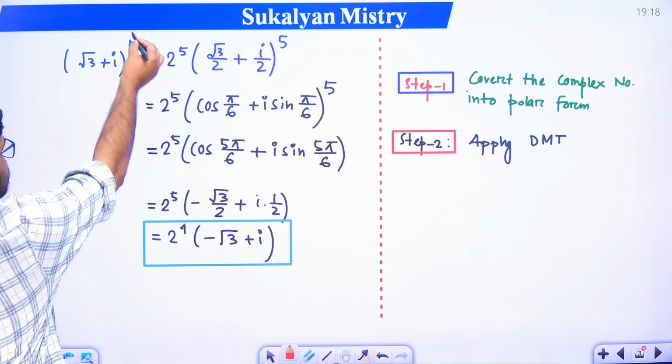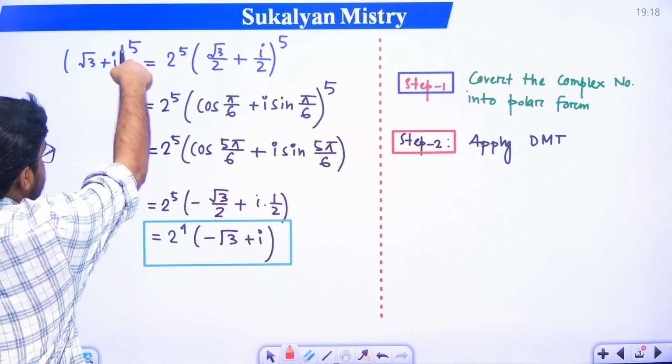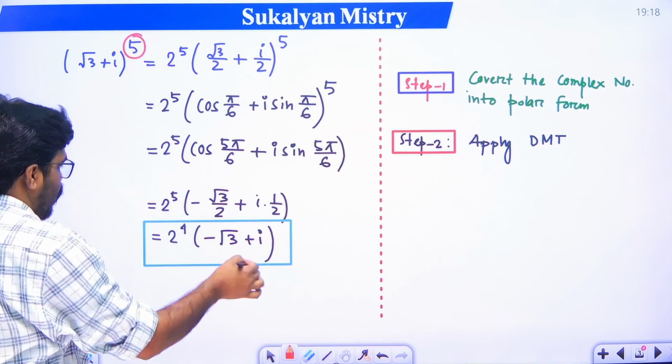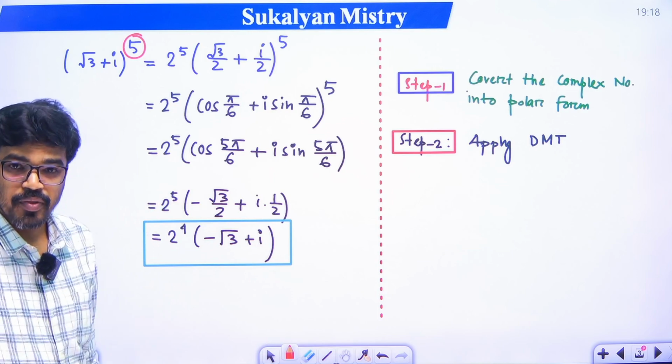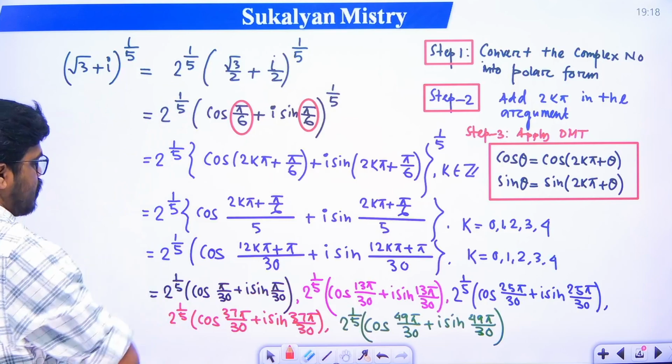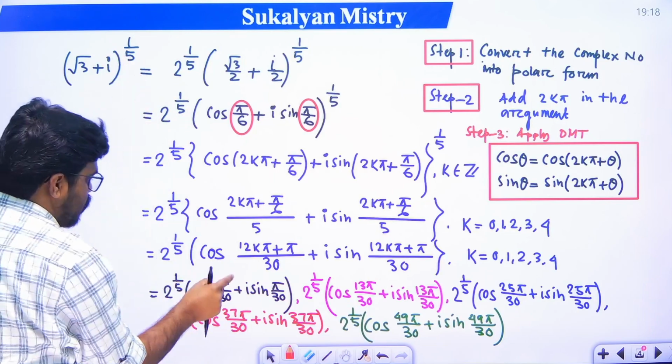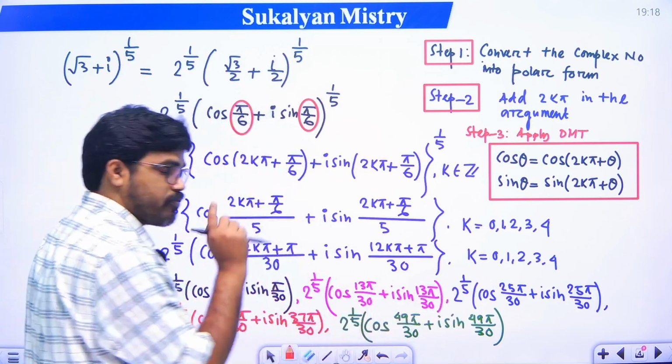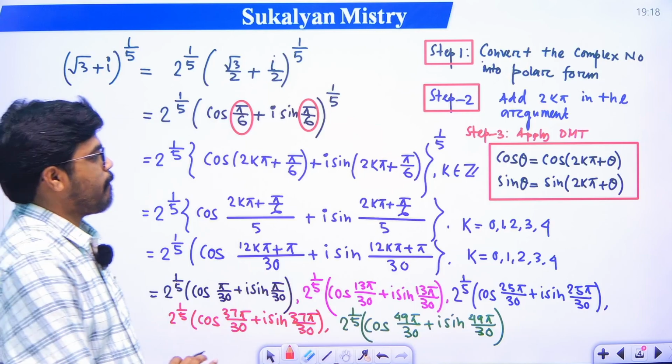You see, when n is an integer, we get only one value, but when n is a fraction, we get 5 values, 1 2 3 4 5. Okay, clear?